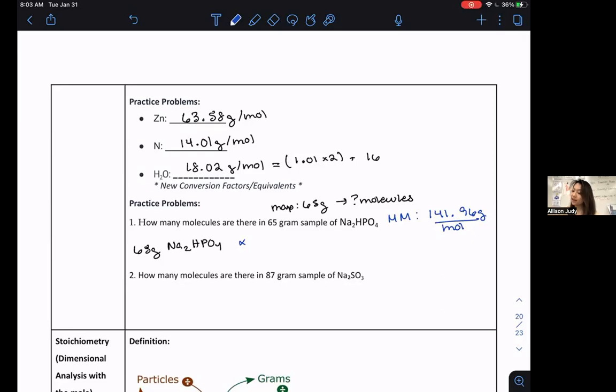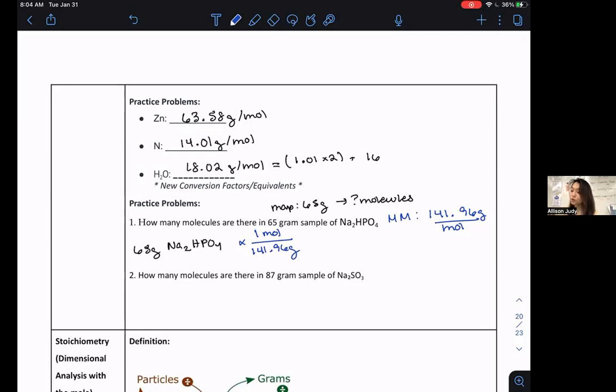But I'm going to turn that value into a math tool, more as an equivalence factor. So the question is, how am I going to cancel out my grams to get into moles? I'm going to have to flip the ratio. For every 1 mole, I know that I have 141.96 grams of Na2HPO4.